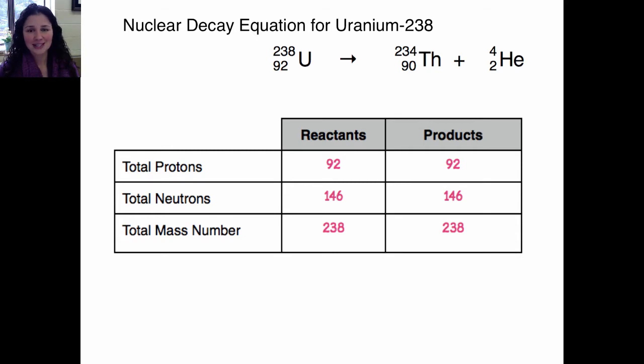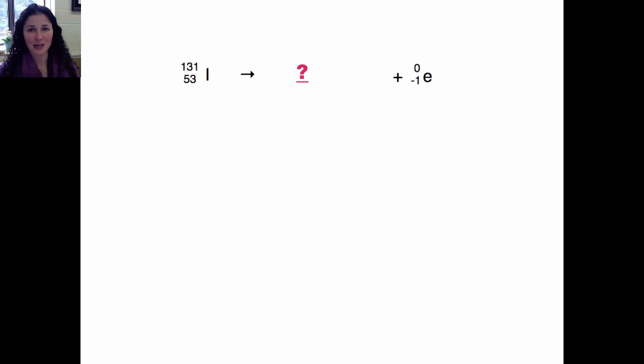We can use this principle, the fact that the numbers are overall conserved from the reactants to the products, to solve problems like the one that's on the next page. This is showing that an iodine-131 nucleus is changing and giving you this particle.